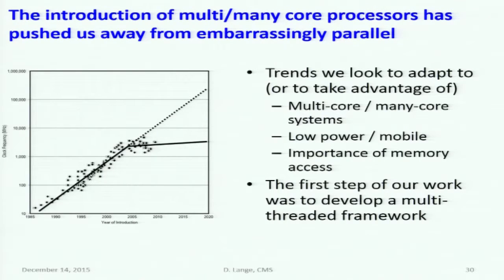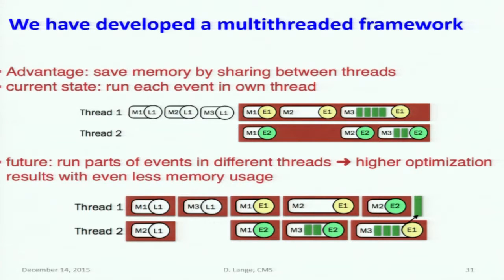Our first step was to take the framework I showed at the beginning and turn that into a multi-threaded framework. I introduced why that wasn't so hard: instead of writing a monolithic application, users write small plugins that are essentially independent and talk to each other in a well-defined way.